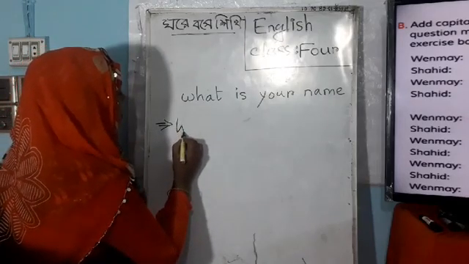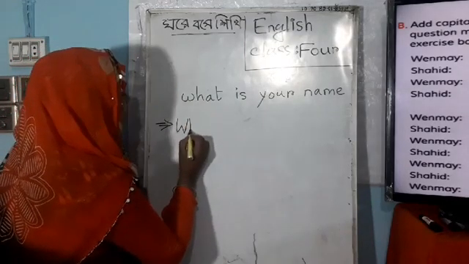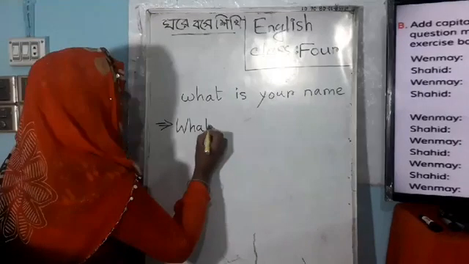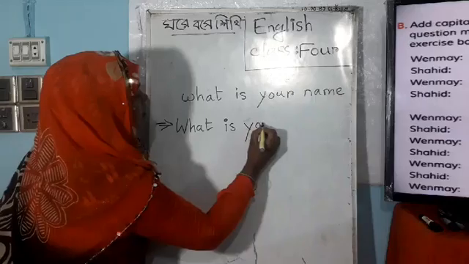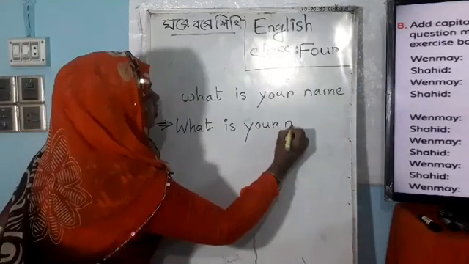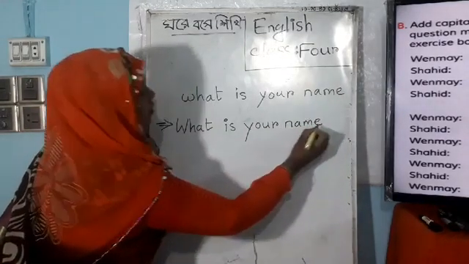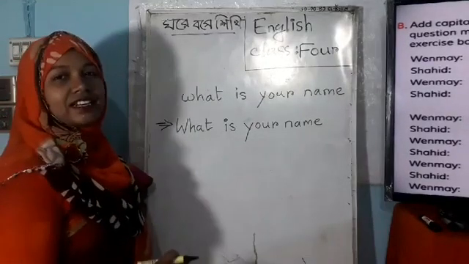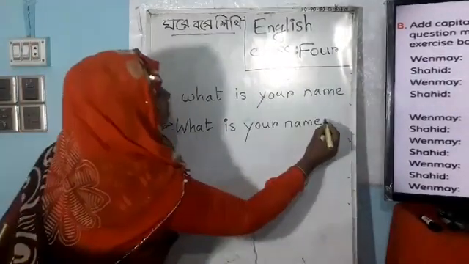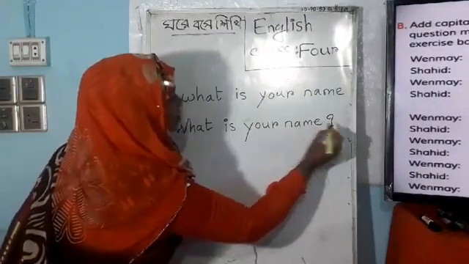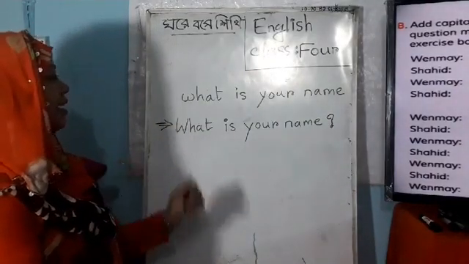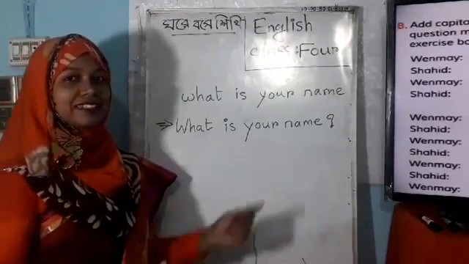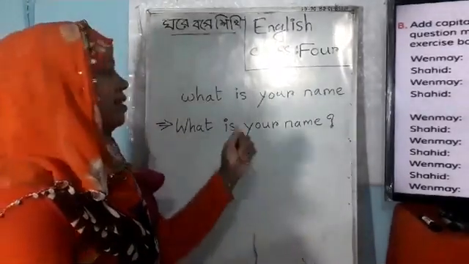So it's capital W. What is your name? Dear students, it's a question. So we have to use a question mark at the end. শেষে আমরা একটি প্রশ্নবোধক চিহ্ন ব্যবহার করব। So I think you have understood how we have to write a sentence.